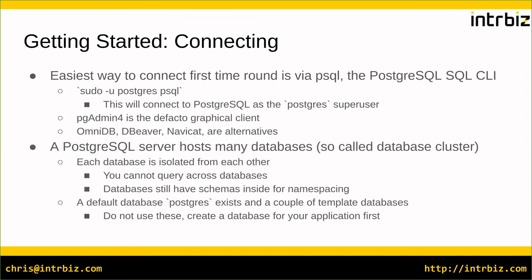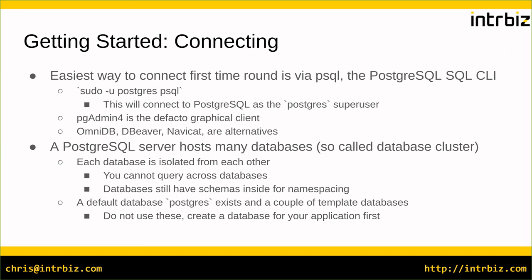So now we've got Postgres set up, we probably want to connect to it. Now, Postgres by default is fairly conservative, won't allow a lot of remote connections. So what we need to do is use the psql command line tool.